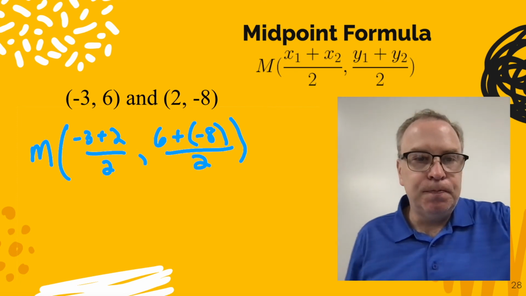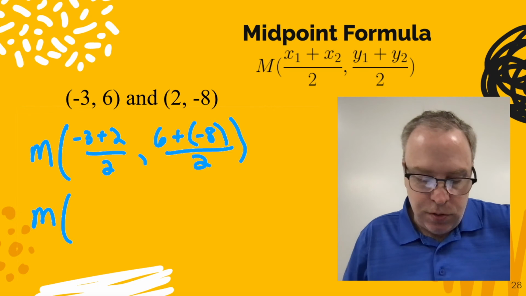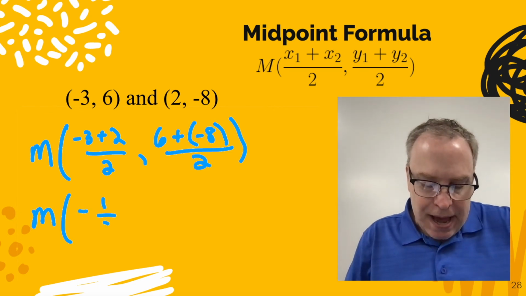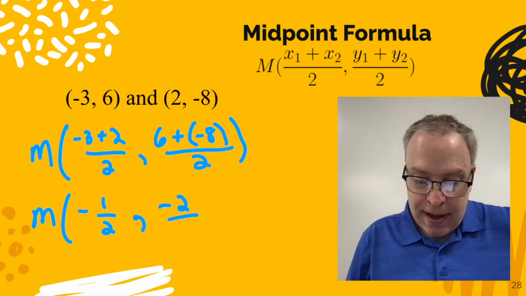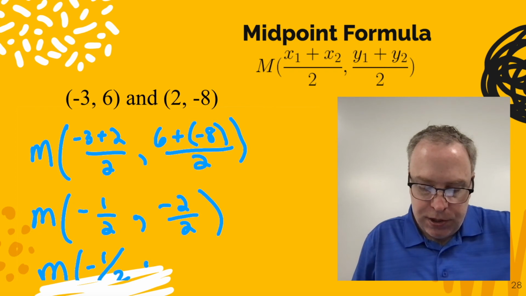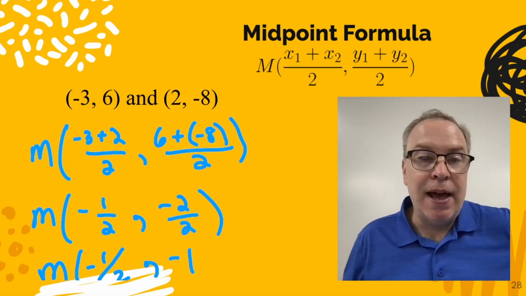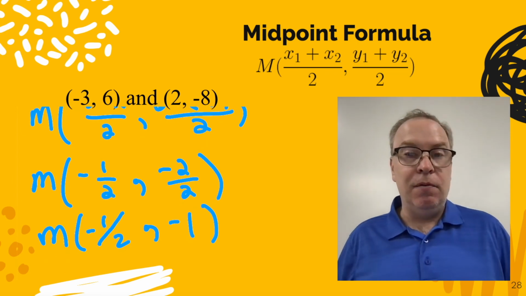I want you to see the work. But this is pretty simple stuff, hopefully, and you could do a lot of this in your head. So we get negative 1 halves, and then on this side, we get negative 2 halves. And of course, let's go ahead and rewrite it more simply as negative 1 half, comma, negative 1.